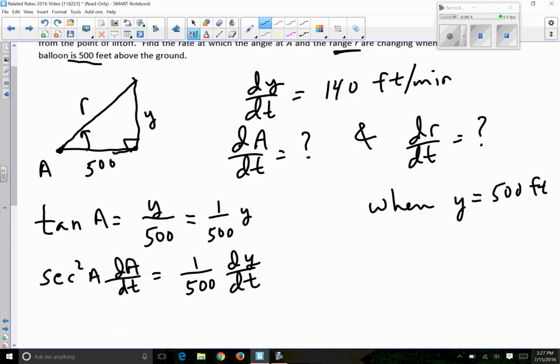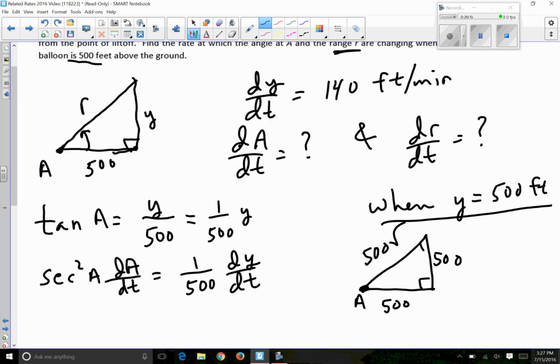Now, a couple things to note about this triangle here. When y is 500, the triangle looks like this. This point A is stationary at 500 feet from the point of liftoff. The y is changing, but when y is 500, this hypotenuse can be found to be 500 radical 2.